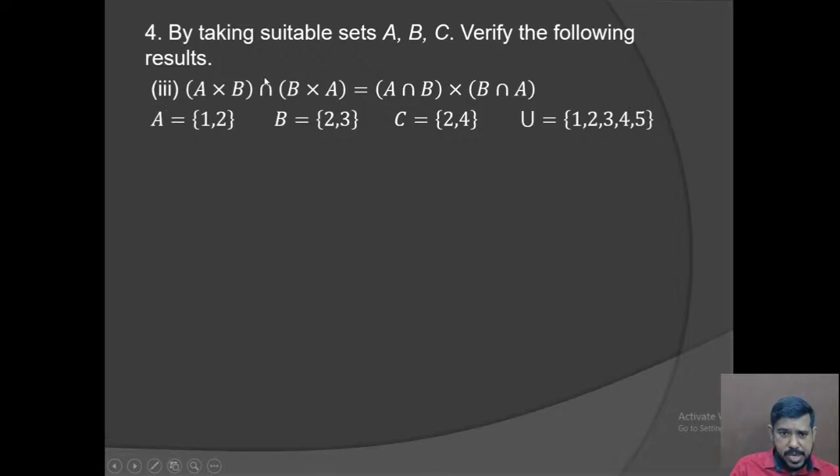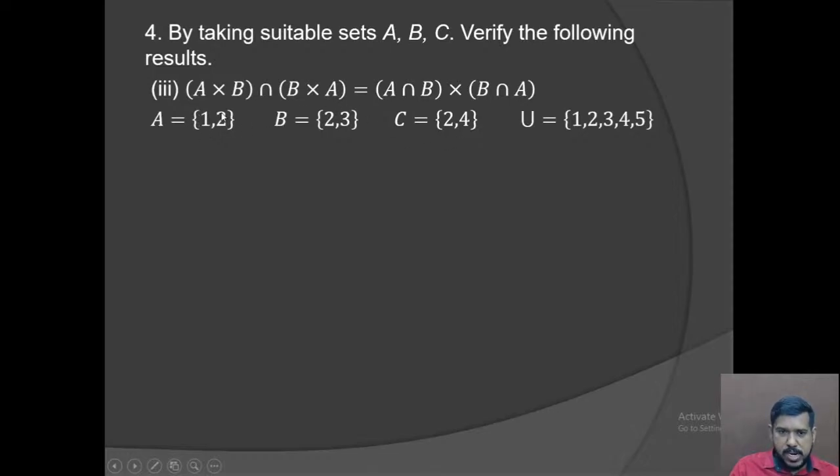Just consider A, B, C only. So A, B, C, 3 sets you can take of your own. But my suggestion is to take very small sets so that you can easily do the problem. So I have taken only 2 elements in each set, and at least 1 element is common in all the sets. So the sum will be a little bit easy.